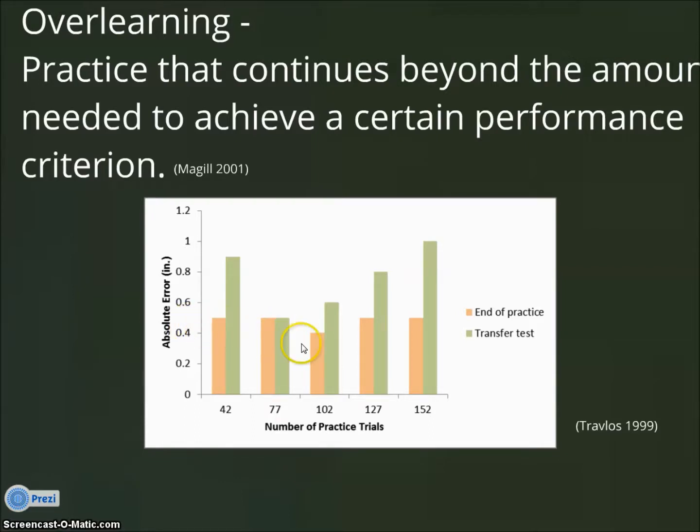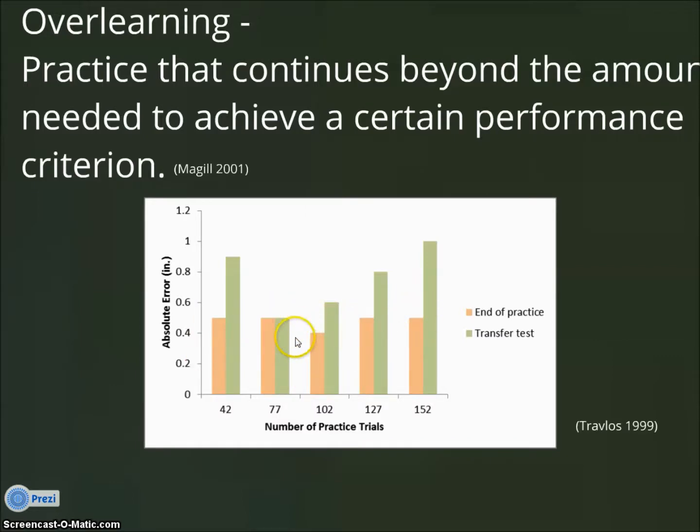We can see at 102 practice goes, performance is slightly better, so we're being more accurate. This is why this isn't as high as the other bars. And then again, after this, we're getting similar results to what we were getting at 42 and 77. So all of these bar heights are very similar.